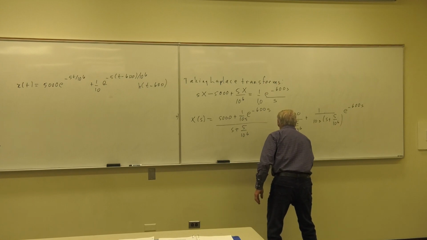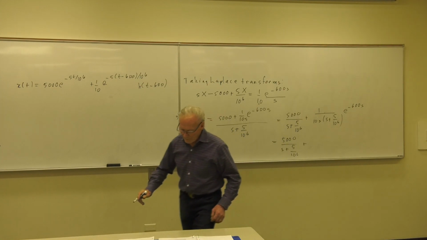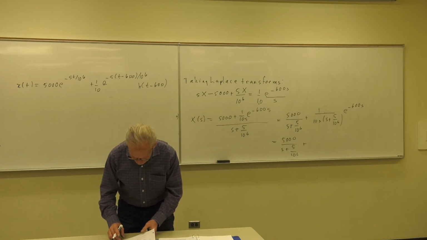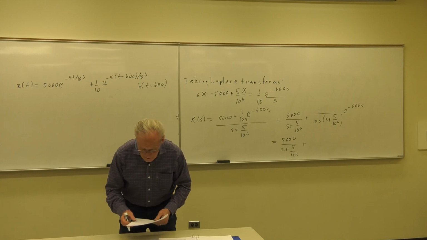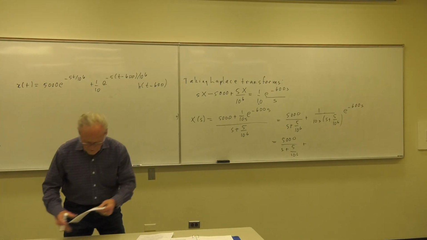So 5,000 over s plus 5 over 10 to the 6 plus, presume I've got the partial fractions written down somewhere. Is it that one? 357, 358.